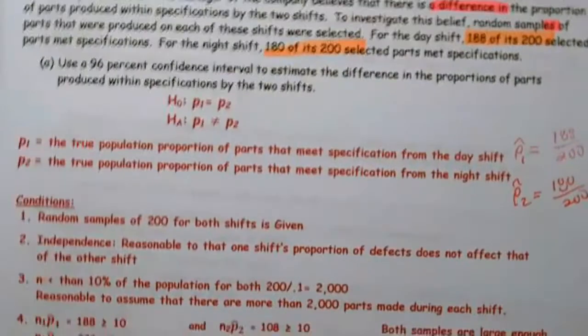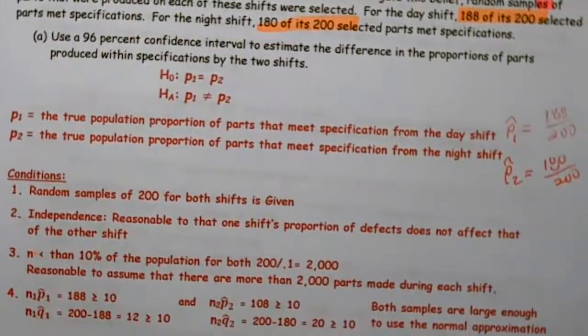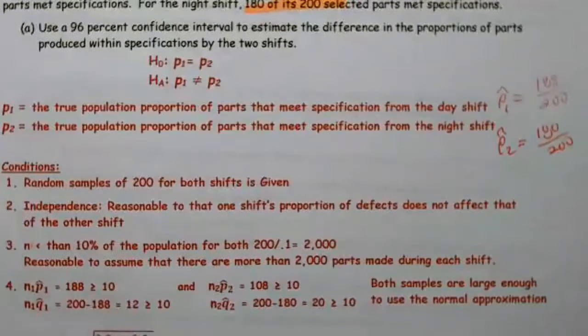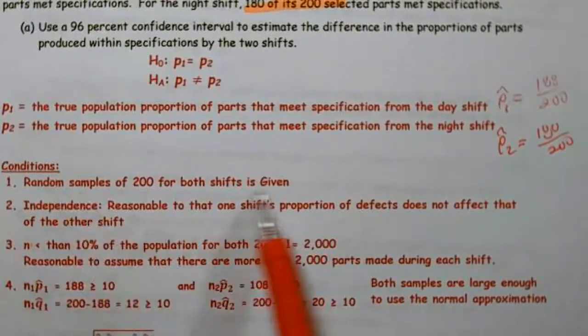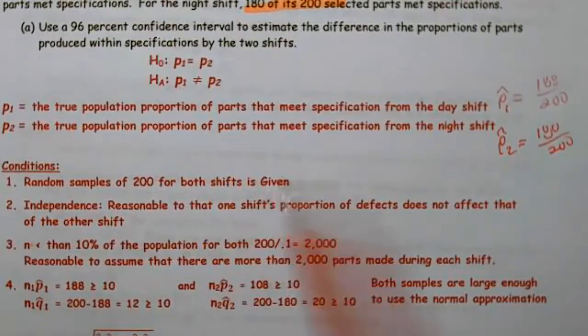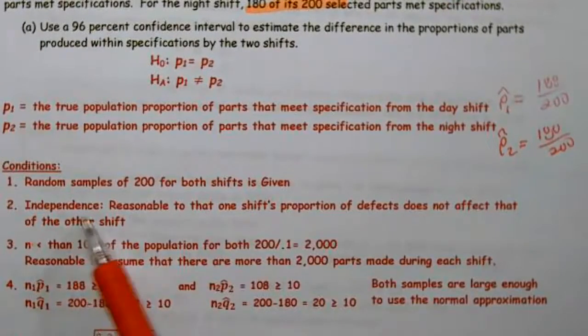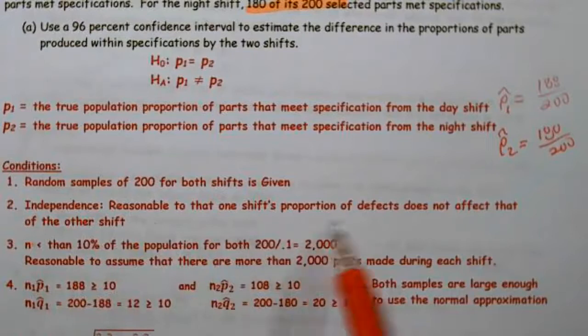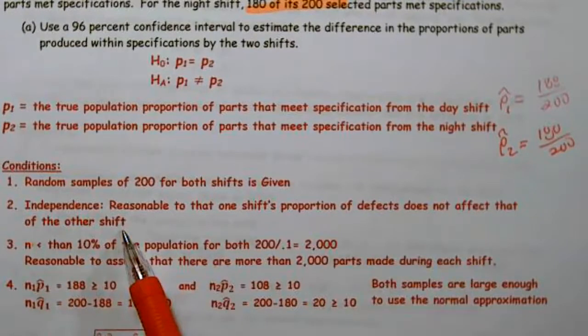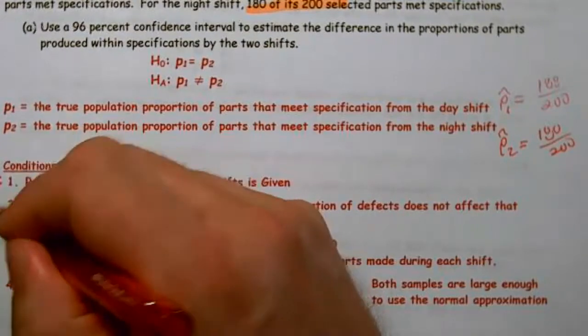So I have to do the conditions for both of them. You can somewhat combine the conditions, but you have to make sure that you address it for both. So random samples of 200 for both shifts is given. Independence: reasonable to assume that one shift's proportion of defects does not affect that of the other shift, or I can actually somewhat combine these.